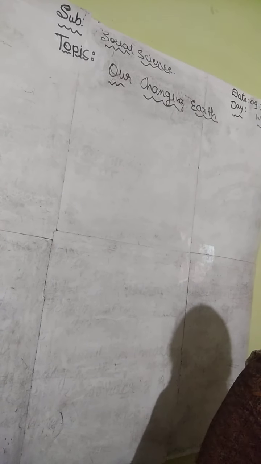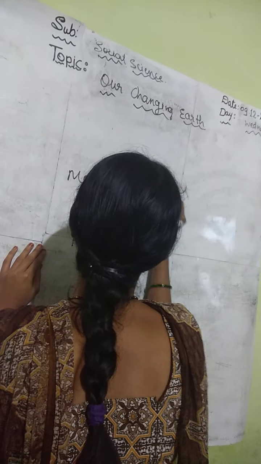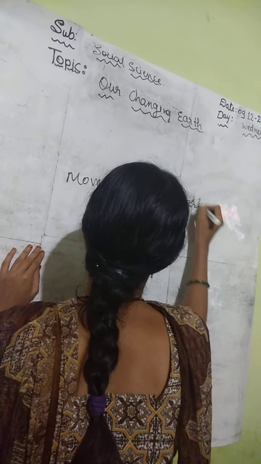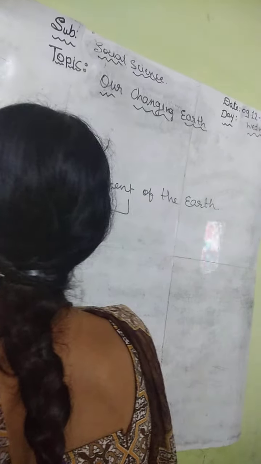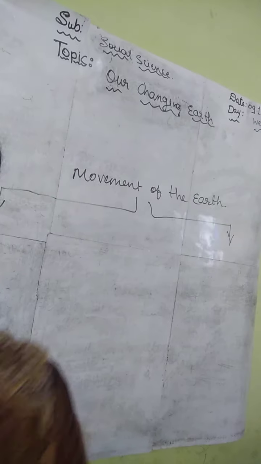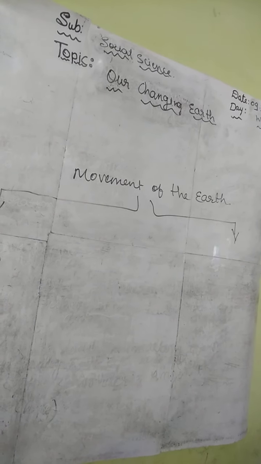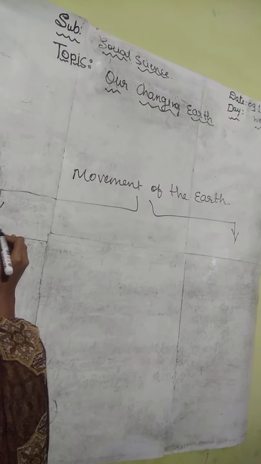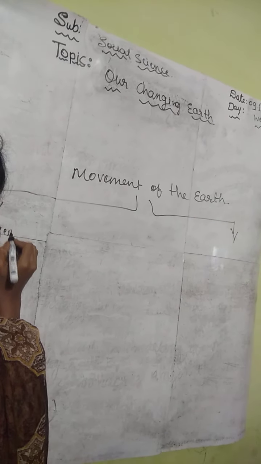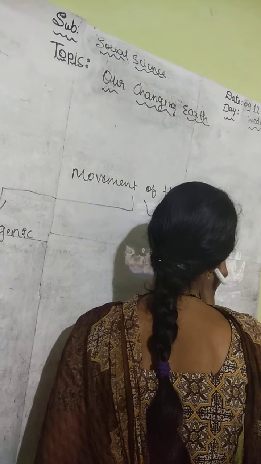So here students, the movement of the earth is divided into two types: endogenic and exogenic.